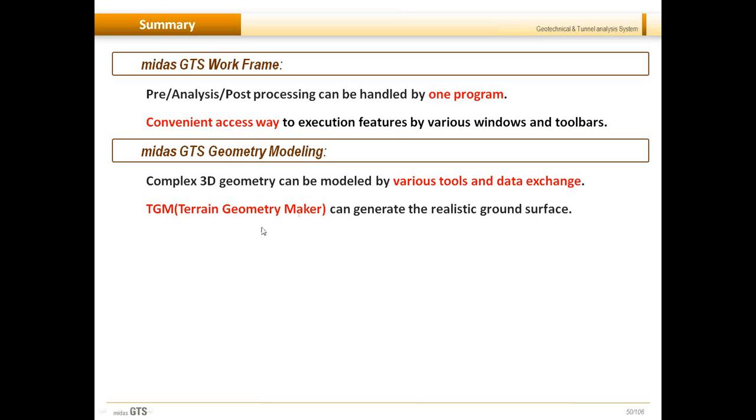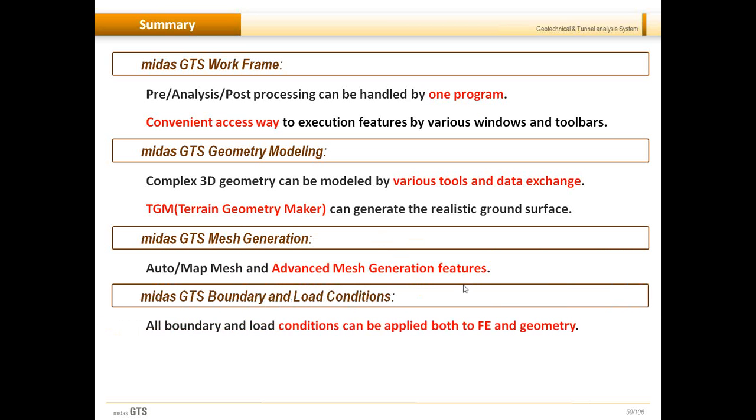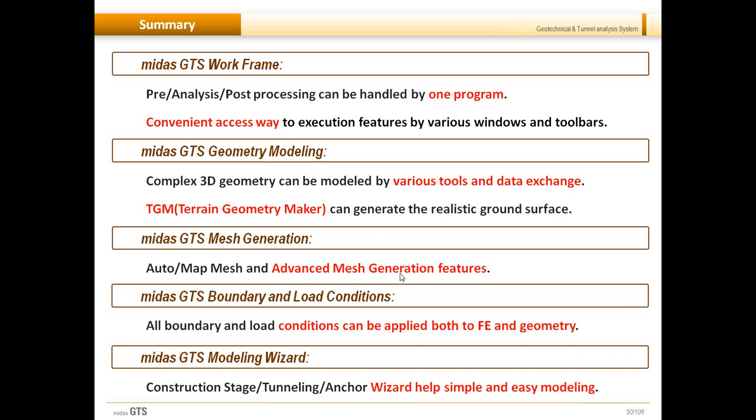You have the TGM that I have shown you to generate realistic ground surface. You have GTS mesh generation, so auto and map mesh, and also advanced features, and boundary and load conditions. And also the modeling wizards to help you.